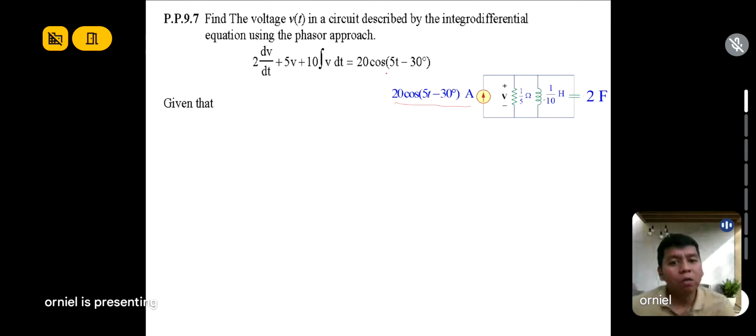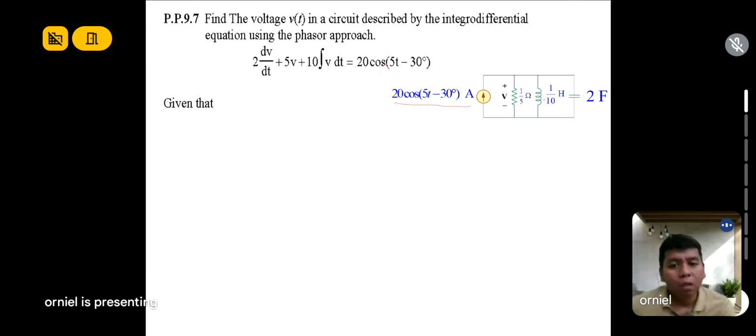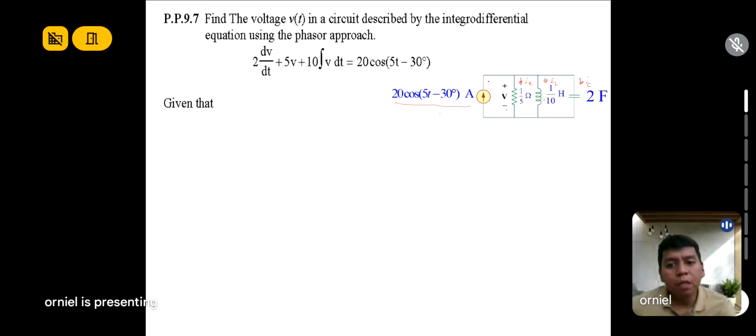No, assuming this is the main current I1, IR na to, IL na to, IC na to. No, so this is our main current.